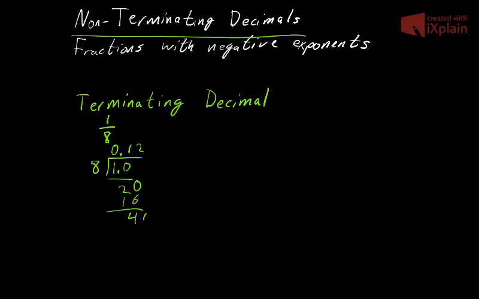And 8 goes into 40 5 times, leaving 0. So 1/8 is equal to 0.125. And that is our regular terminating decimal. Something important to remember is that the number on top is going to go inside of our little house that we make for division.